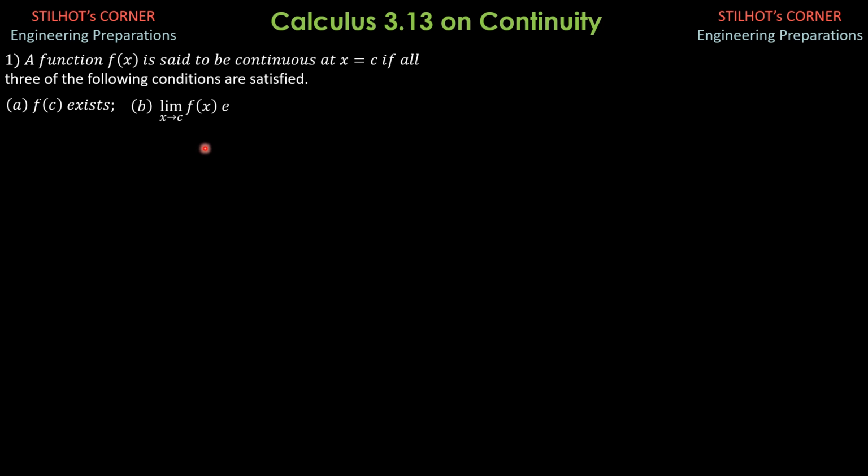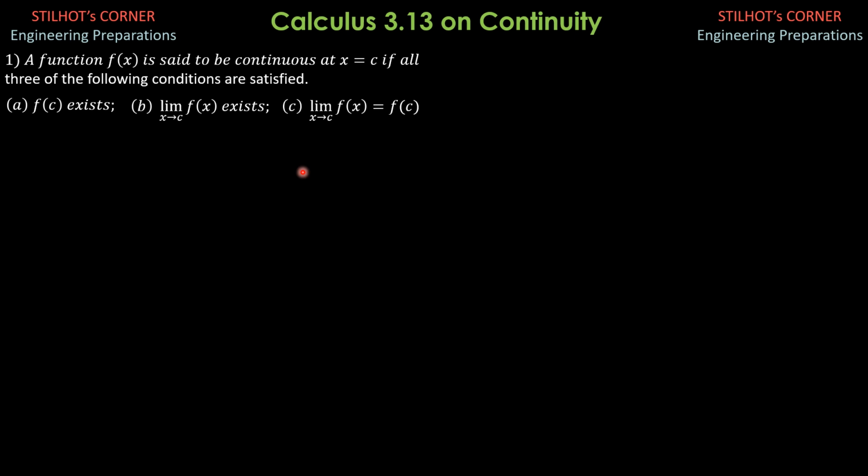And the last is these two values must be the same. So the limit of f of x as x approaches c is equal to the function value when x is c. So these are the conditions that must be satisfied completely for the function to be continuous.